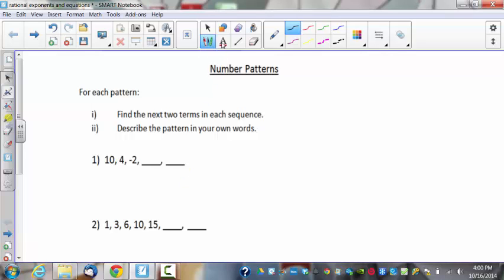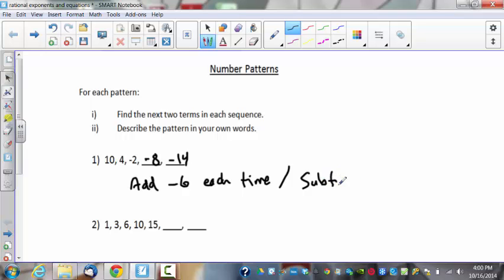Okay, so hopefully you got that the next term here is -8 and then -14, and you can either write down that you add -6 each time, or you could subtract 6 each time.